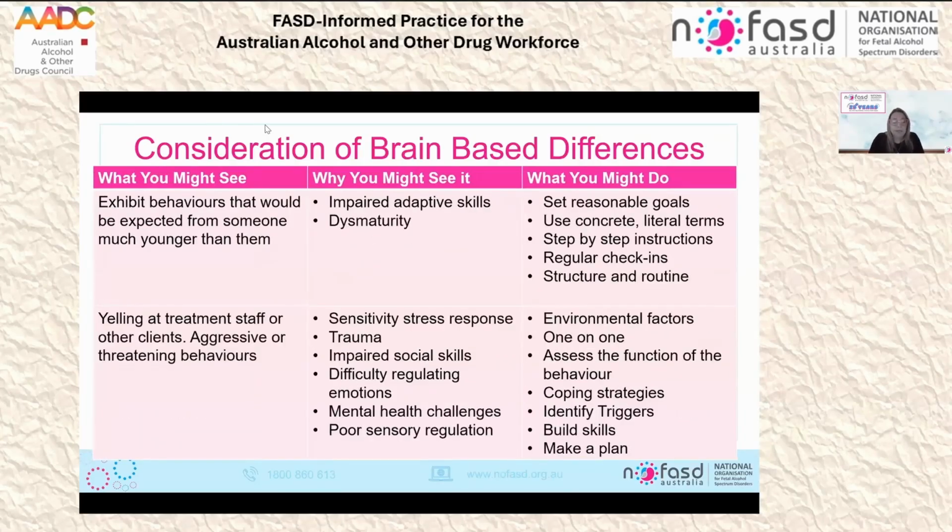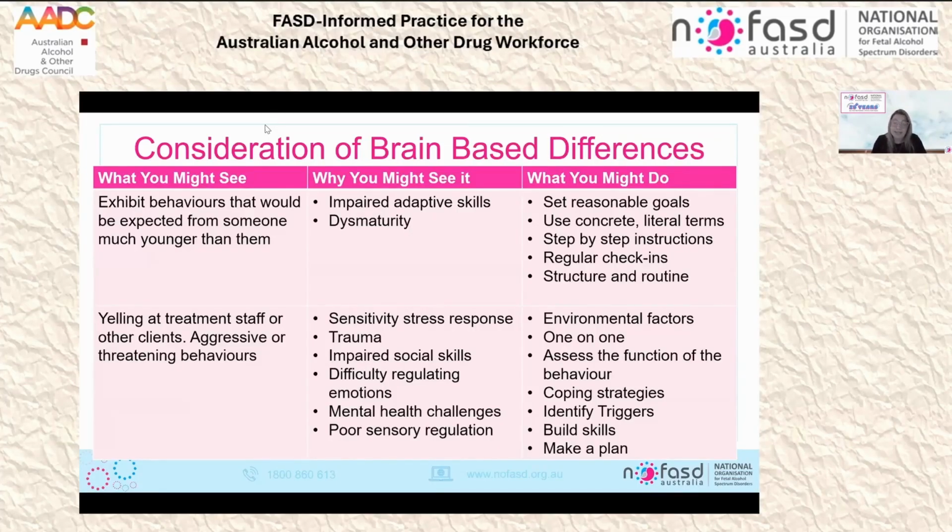Okay, so the next one is exhibiting behaviours that would be expected from someone much younger than them. So this might be some simple daily living tasks, something as simple as brushing their teeth. They may have a lot of trouble actually doing it when you would expect that at their age they should be able to follow the process of brushing their teeth. And this could be due to adaptive skills.